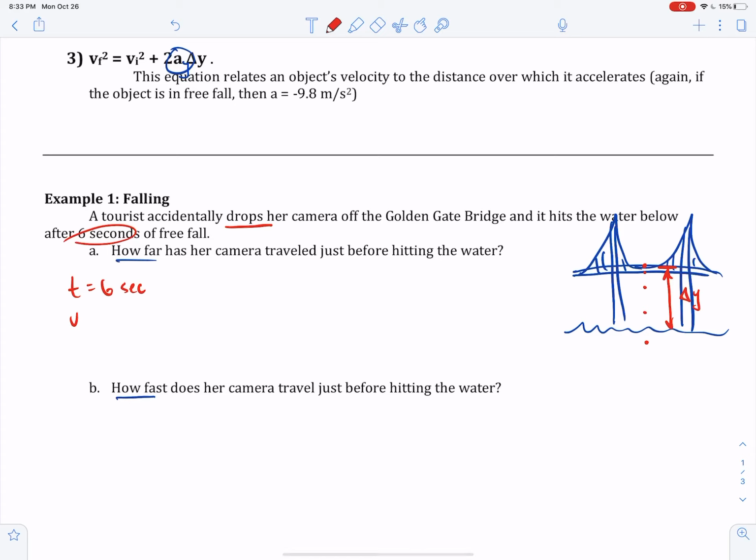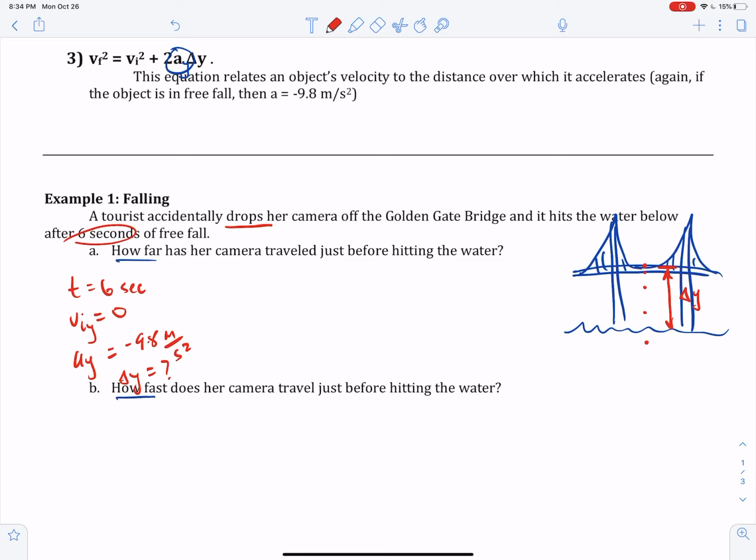So V initial is 0, and we're talking about in the vertical direction, right? And then this is a free fall situation. We're going to assume there's no air resistance. So we can say that the acceleration of this camera in the vertical direction is negative 9.8 meters per second squared. And then the unknown is delta y, right?